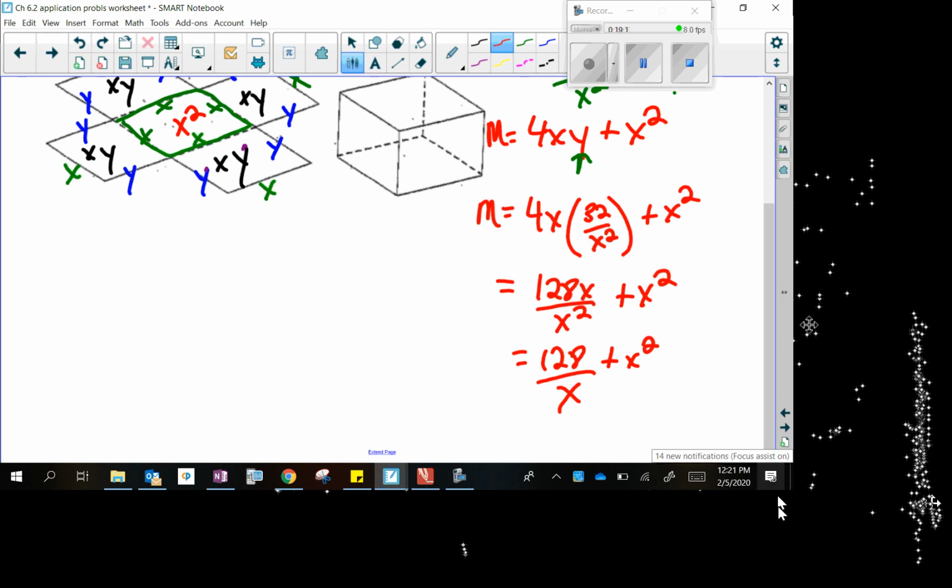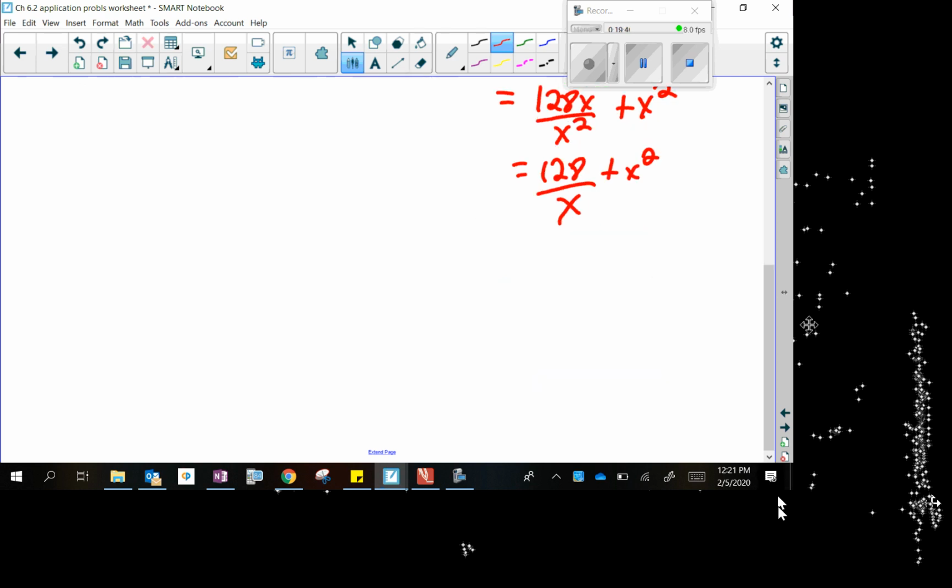Questions about that? All we've done is the exact same process, just with slightly more complicated equations. We solved for y, we substituted y in, and then we're just simplifying this term. So 4 times 32 is 128. We get x over x squared. That can reduce.